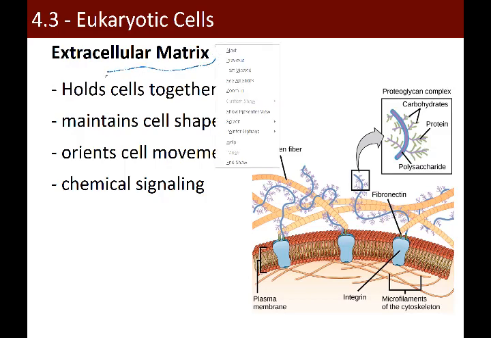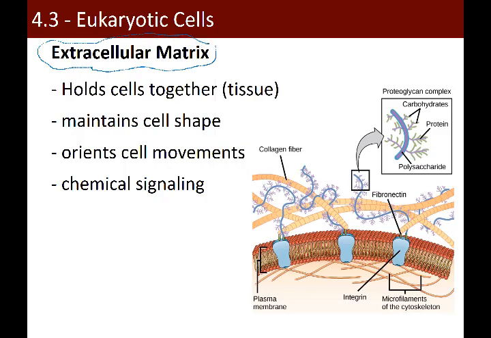And the extracellular matrix helps to hold those cells together, and it maintains the shape of the cell itself, and also helps to maintain the structure of the tissue by holding everything together. Okay? Components of the extracellular matrix can also orient how cells are going to move when space needs to be made for new cells, or when cells within the tissue need to move. And they play an important role in chemical signaling.